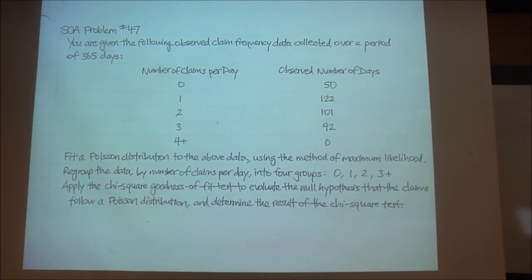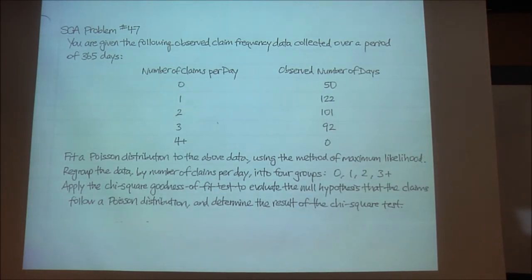And they ask you to fit a Poisson distribution to the data using MLE, and then regroup it and apply a chi-square goodness of fit test to check whether the claims follow a Poisson distribution and determine that result. So the first thing you want to do is determine the maximum likelihood estimator.